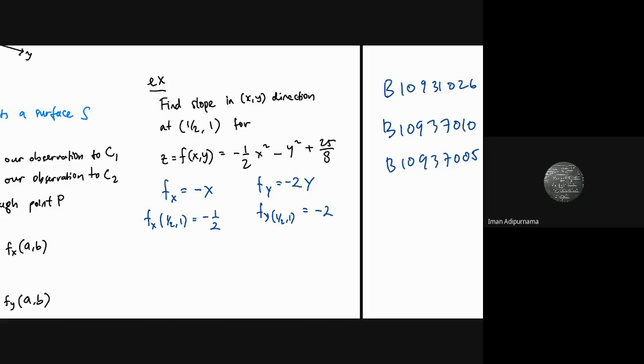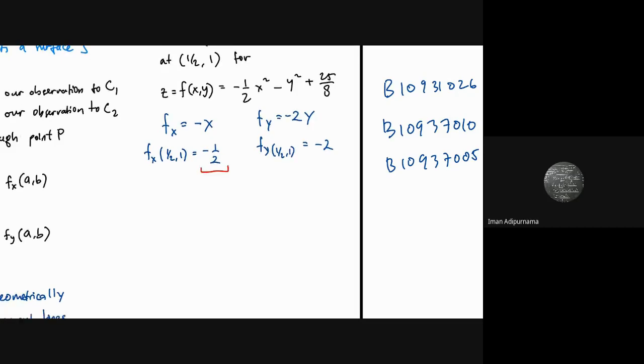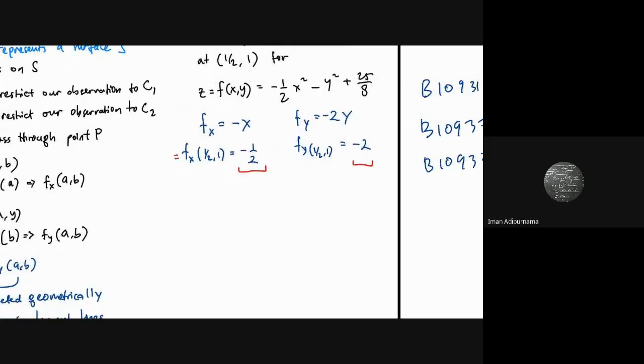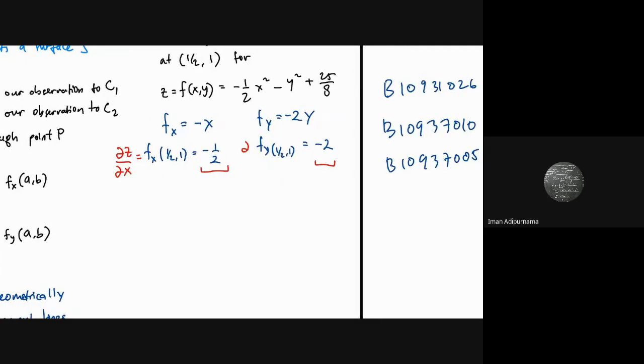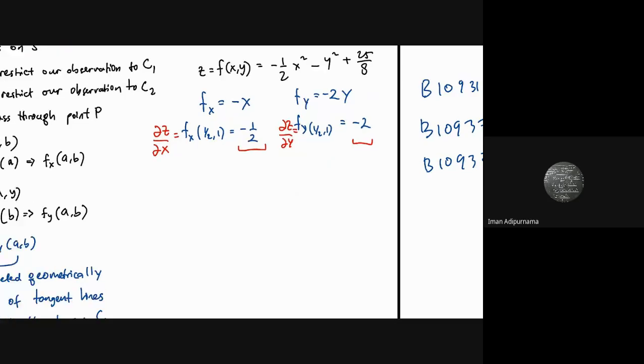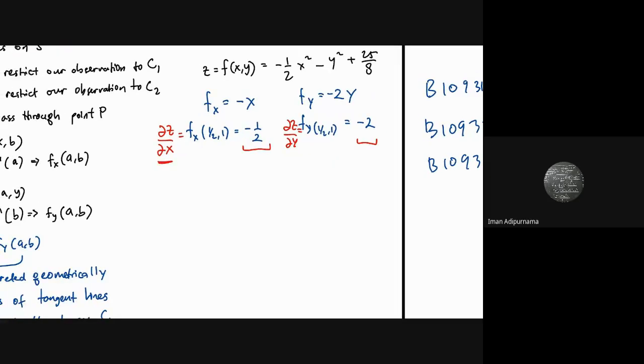So what does it mean in terms of geometry? Okay. From here, we can see negative half. Okay, this is negative 2, the partial y. And remember that we can also write this as dz over dx. And this we can also write as dz over dy. Okay. So by these terms, I hope you get the idea.